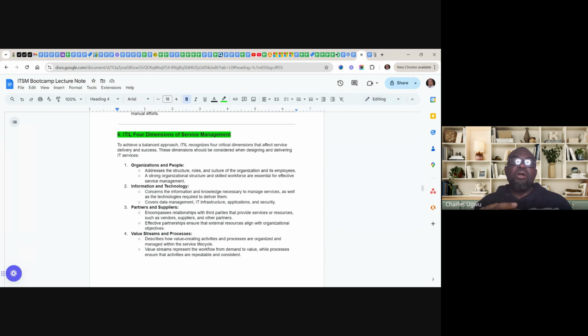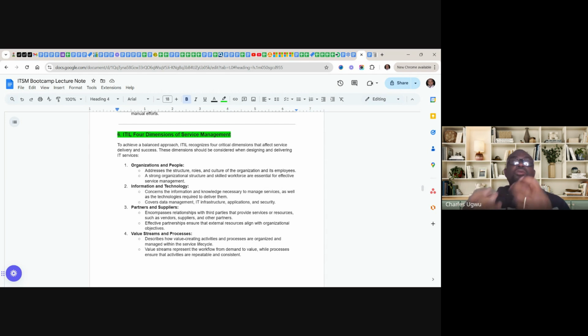A strong organizational structure and skilled workforce are essential for effective service management. So there must be good structure and good skilled workers in order to achieve this.